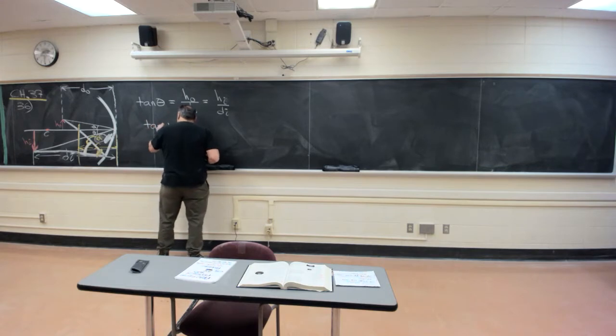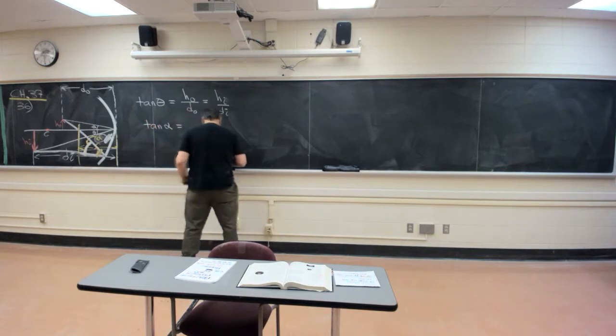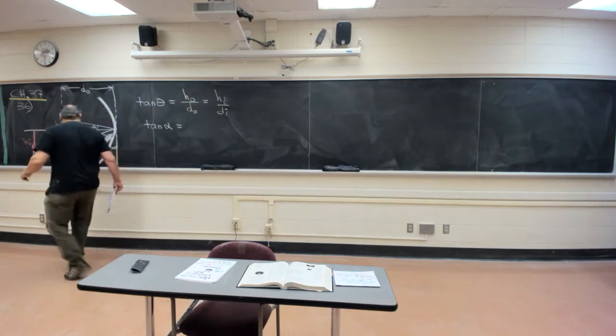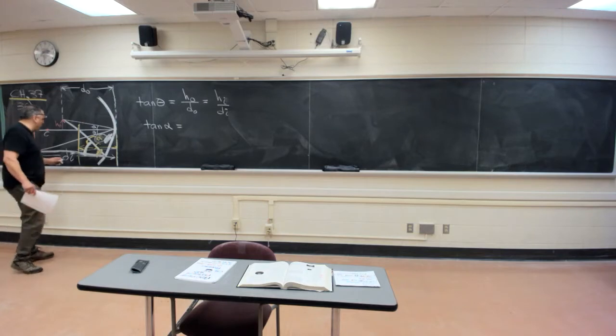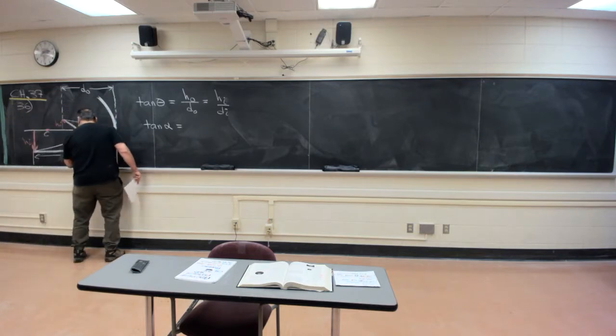Tan of alpha is equal to, now let's see, is there a way out to kind of make this thing happen? So there's a couple ways we could have gone. Okay, yeah, maybe there is a good way to go here. There's nothing wrong with the logic of what I'm saying here. It's just not necessarily convenient.